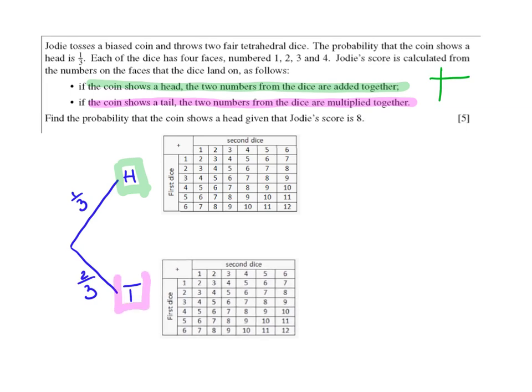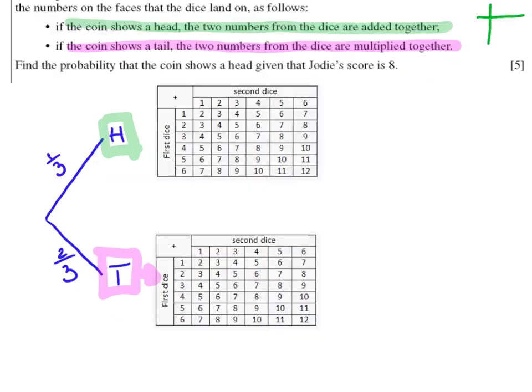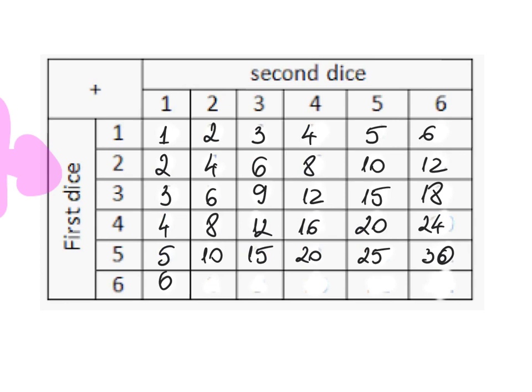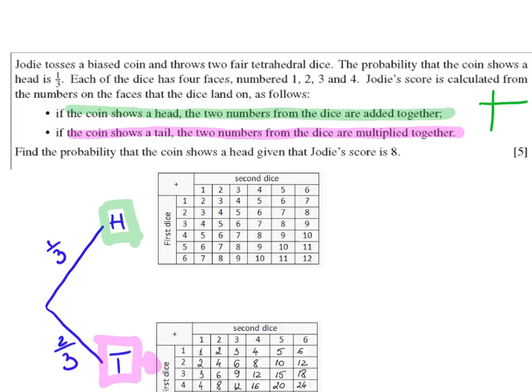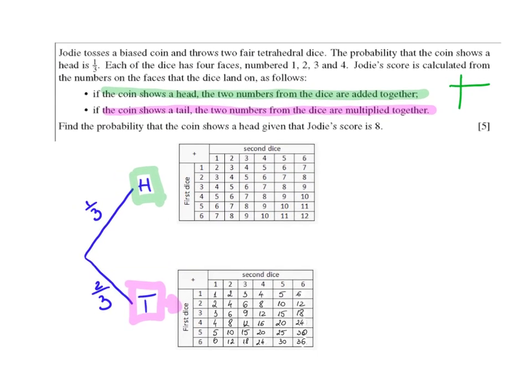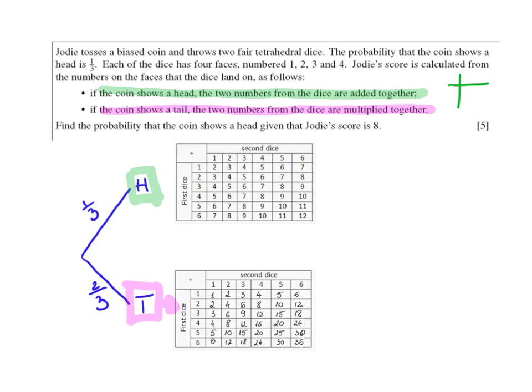So in the case I have a tail, I will have this table, but instead of adding, I'm going to multiply, so I need to change some of the numbers. As you see, I'm on the last line. 6 times 1, 6, 6 times 2, 12, 6 times 6, 36. So this is my second table.